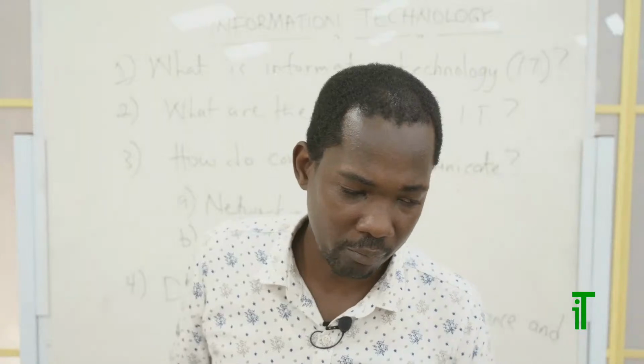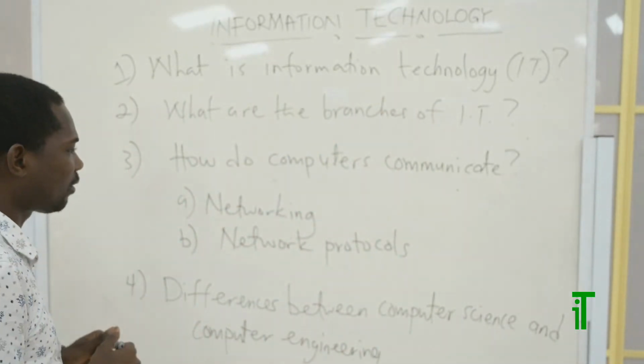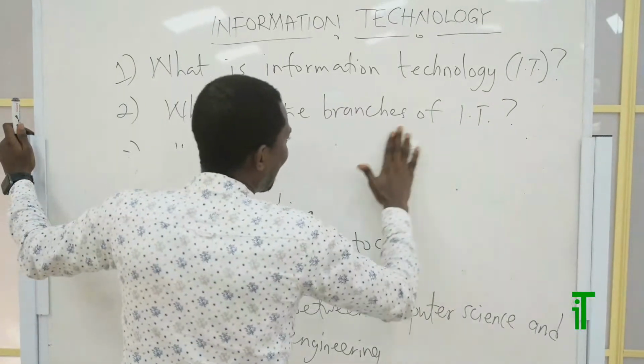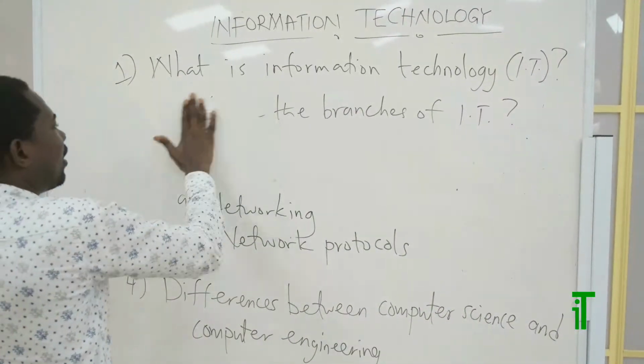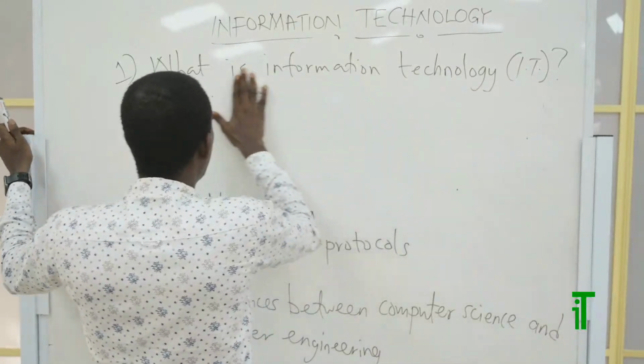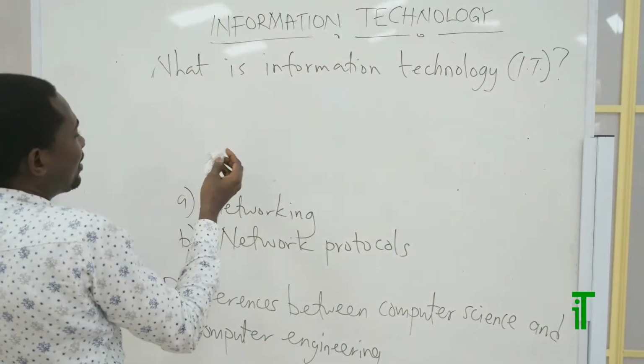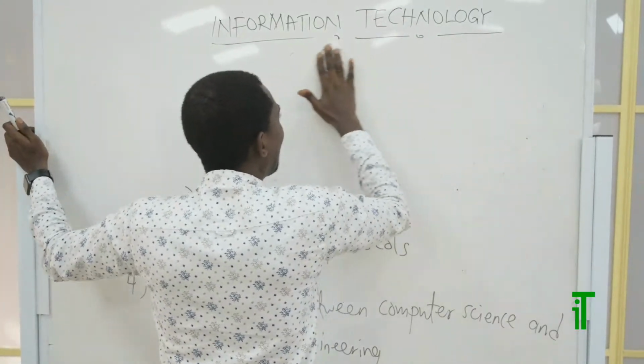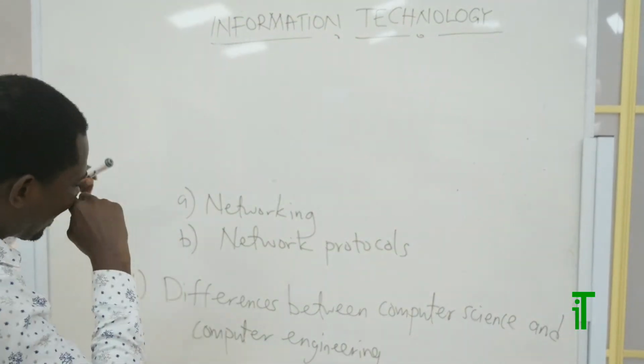So for example, if we have a character, every character has its binary number. Like A, B, C, D, all of them, they have their binary number. I'm just using this as an example.